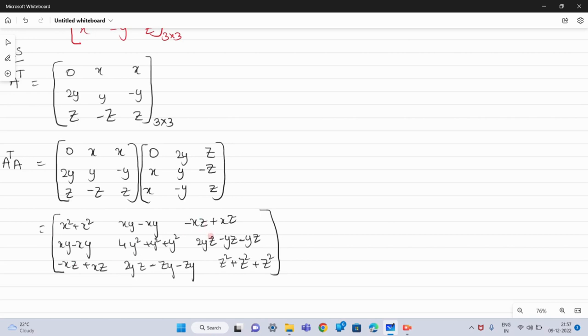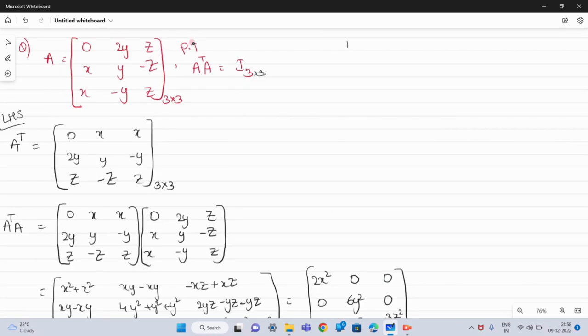Now what does it become? It becomes 2x square, 0, 0, 0, 6y square, 0, 0, 0, 3z square. We are not proving it, we need to find the values of x, y and z. Okay. Now equate this LHS with RHS.